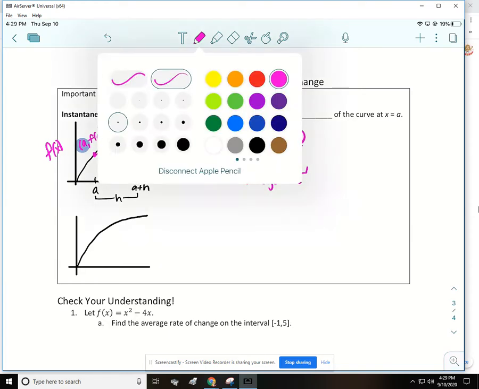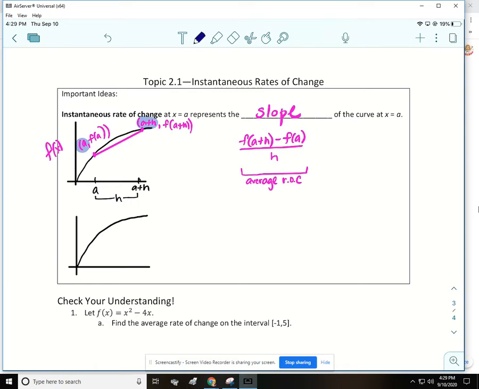So what we want is for that value of h to get smaller and smaller and smaller, where the points are getting closer and closer to each other until we just have a tangent line at A. Alright, and so to make that h get smaller and smaller to the point where it's non-existent, that's when we do the limit as h approaches 0 of that expression, that difference quotient.